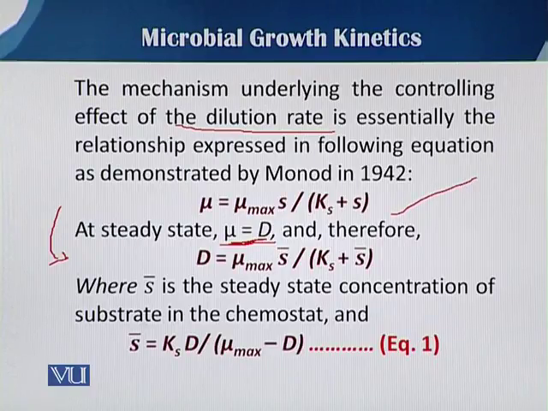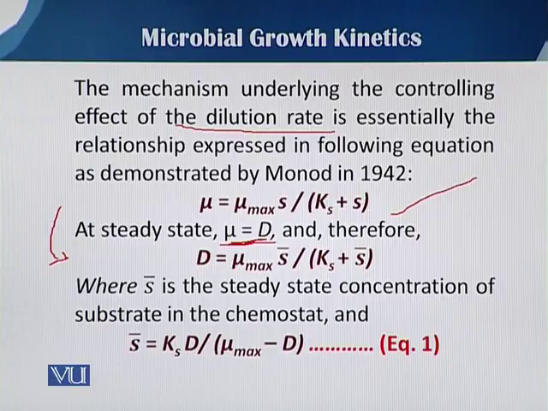Just a minor difference from the previous equation is the difference between S and S bar. S bar is the substrate concentration when the culture is in steady state, the residual substrate concentration. So here we can say that S bar is the substrate concentration at steady state.